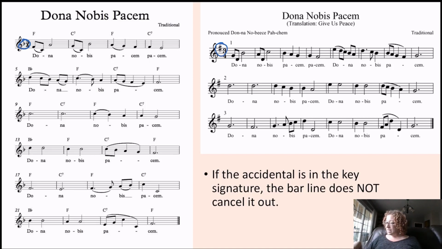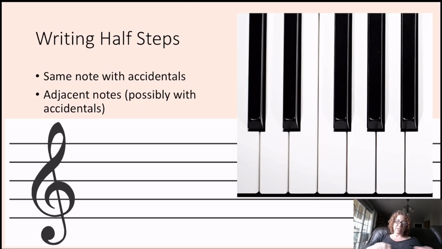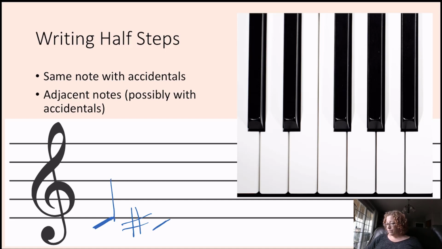And let's talk a little bit more about writing half steps, because we have some basic rules for notating half steps and whole steps. So we're going to start with the half step. You can do them a couple of different ways. You can write them as the same letter note with accidentals. So here we have, say, D going up a half step to D sharp, right?